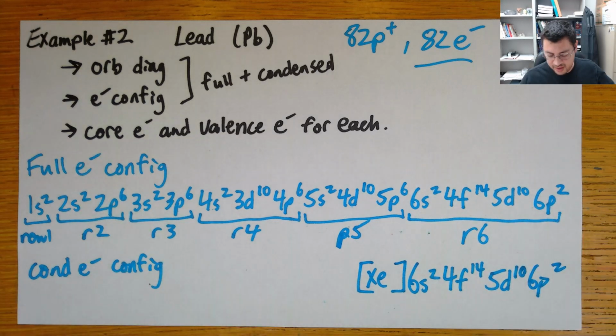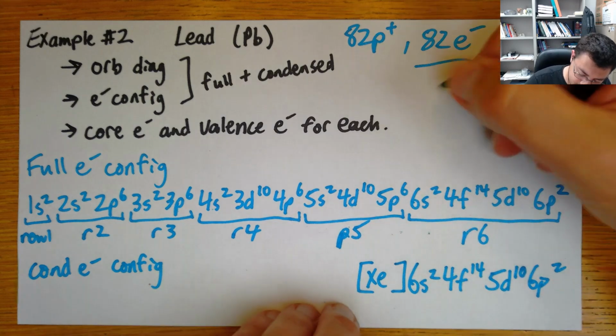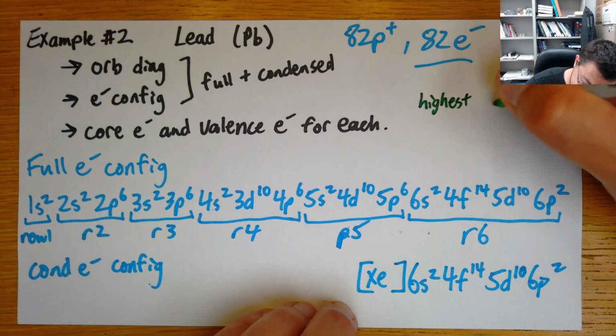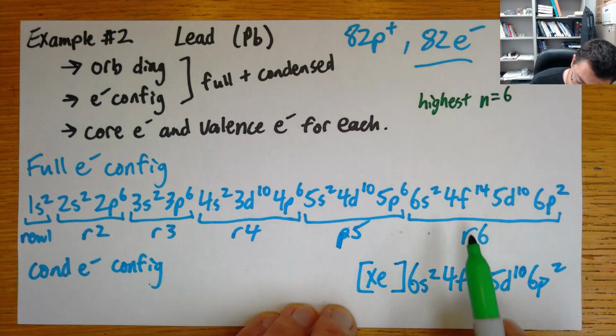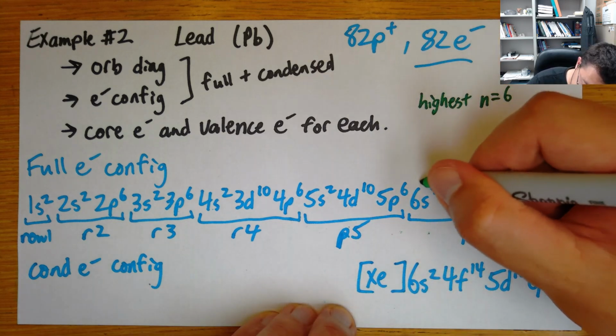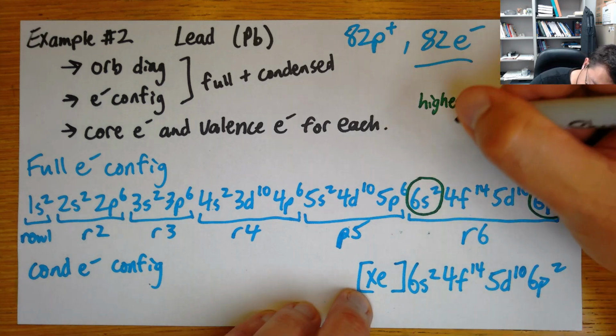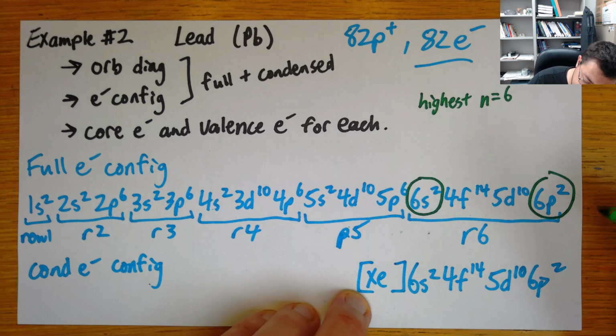All right, we'll do the orbital diagrams. Next, let's just do those valence and core electrons. Highest n is 4, or excuse me, 6. And so we're looking here and here, right? So those would be our valence electrons.